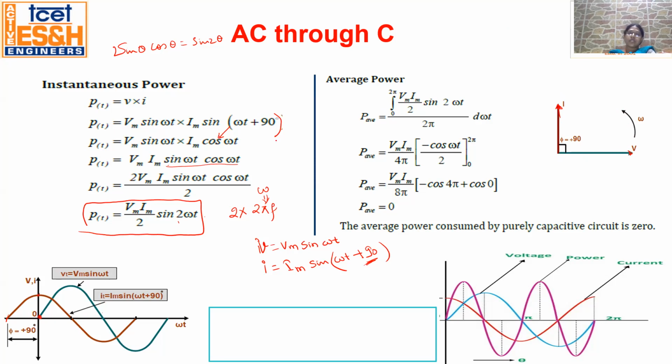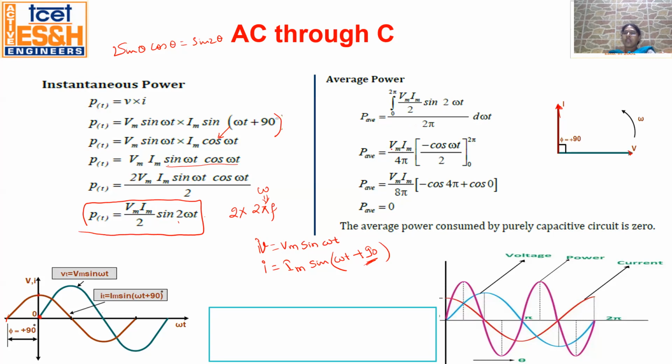Now calculation of average power: again you take the formula for the area under the curve divided by the width of the base. So the integral from 0 to 2 pi of Vm Im by 2 sin 2 omega t, divided by 2 pi.